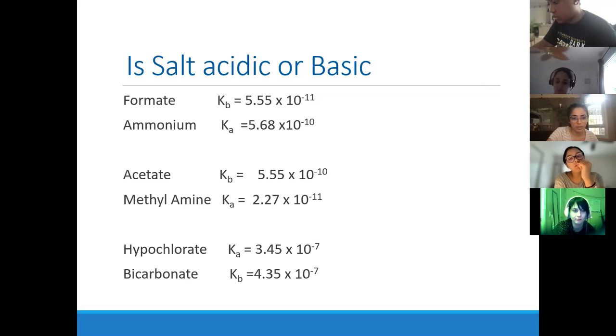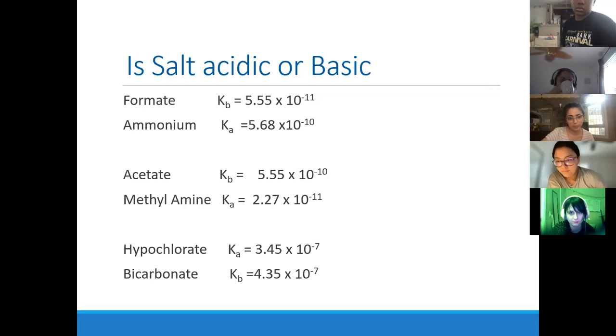If I make a salt, ammonium formate, is that going to develop a solution that's acidic or basic? Basic. What is bigger, Ka or Kb, Athar? Oh, Kb. Kb is bigger, 10 to the minus 11th is bigger than 10 to the minus 10th.